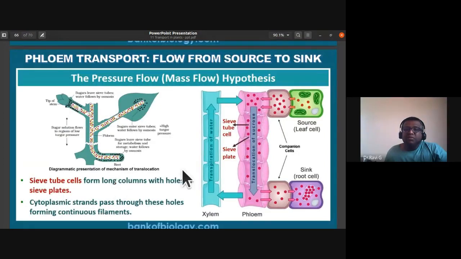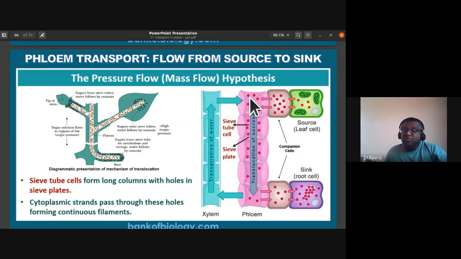Okay, the sieve tube cells form continuous columns because of the sieve plates. The cytoplasmic strands pass through the holes in the sieve plates and form a continuous filament. Now you already know that it is hypertonic here.